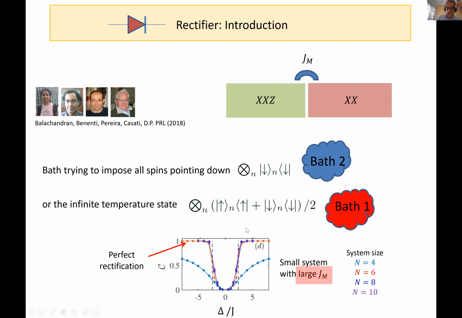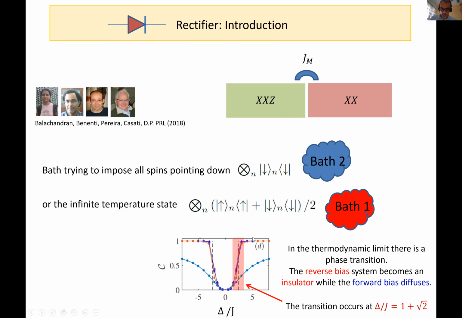As we increase the system size, I will not show the analysis here, but it shows that there is a critical value of delta over J, equal to 1 plus square root of 2, where the system in reverse bias goes from being diffusive to being insulating, while the forward bias is always diffusive. In this case, the forward bias has some current, the reverse bias is an insulator, and so the system becomes a perfect rectifier.